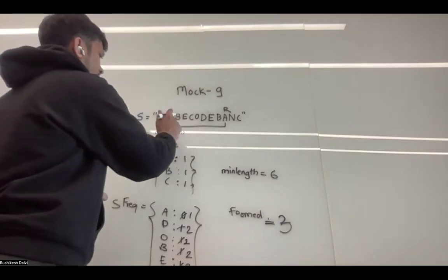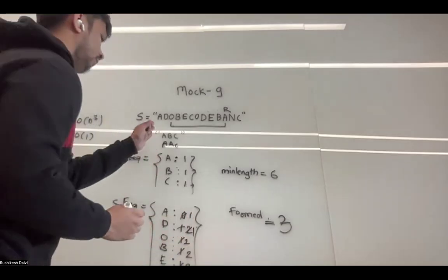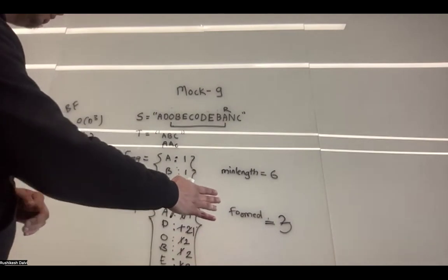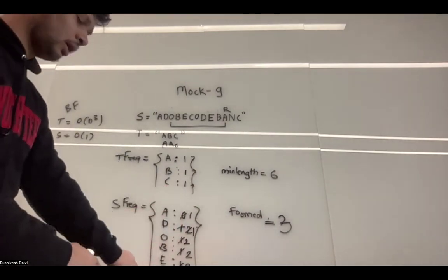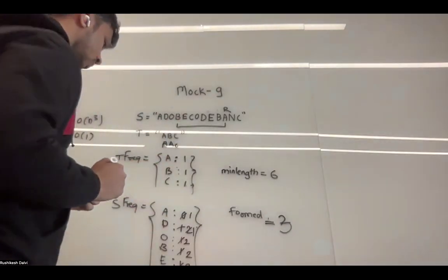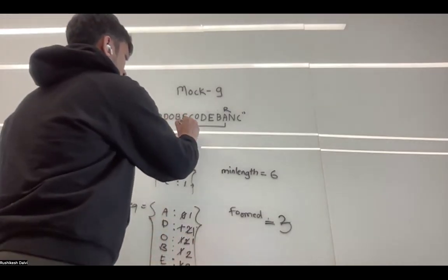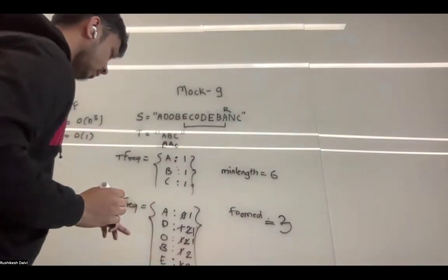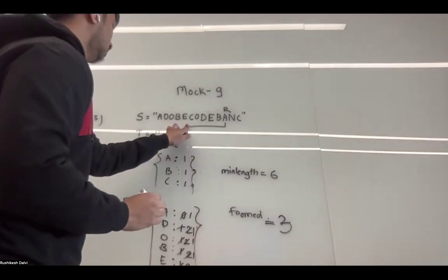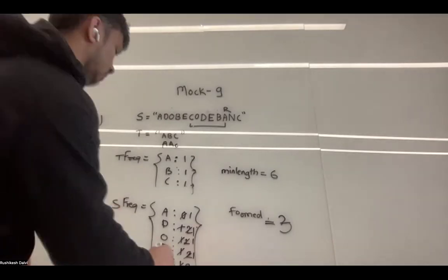So when I'm here, D will be reduced by 1, so that is 1. Formed is still 3 because I have 1 A, 1 B, and 1 C in my window. I will again increase my left pointer here, so O will become 1. Again decrease, so B will again become 1.